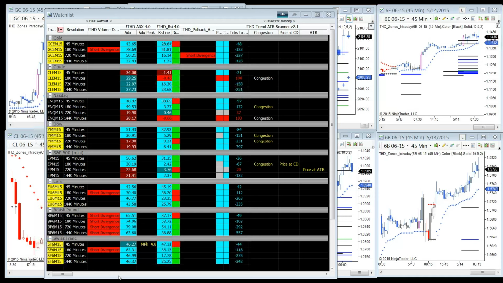Any questions on what I'm seeing on the radar screen? The volume is telling you what? Retracements. The ADX is telling you retracements.